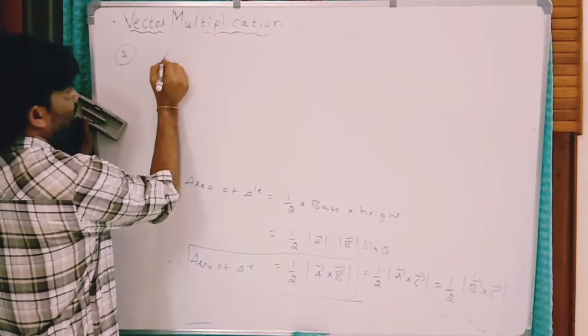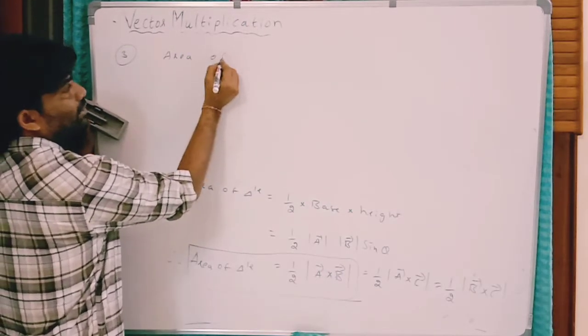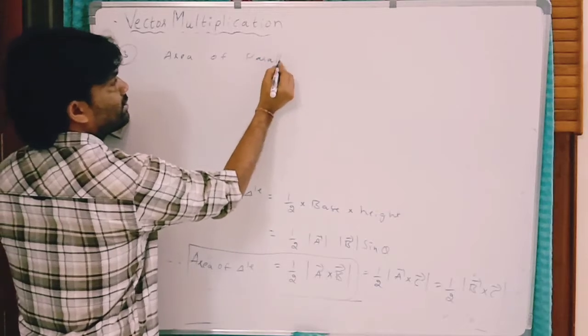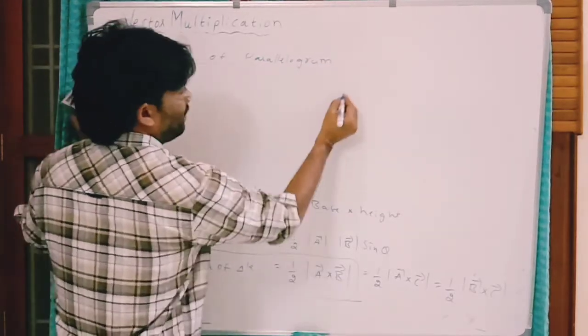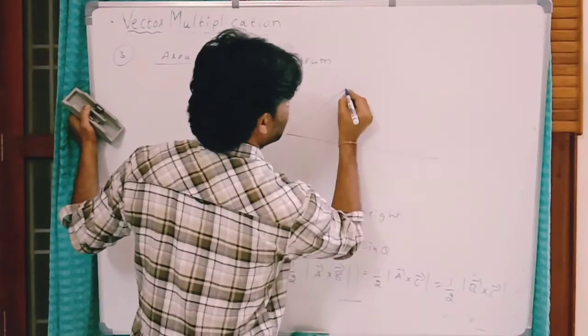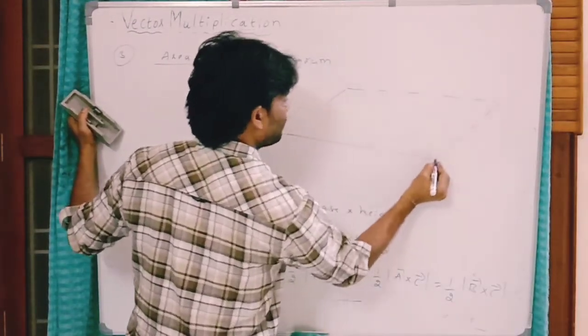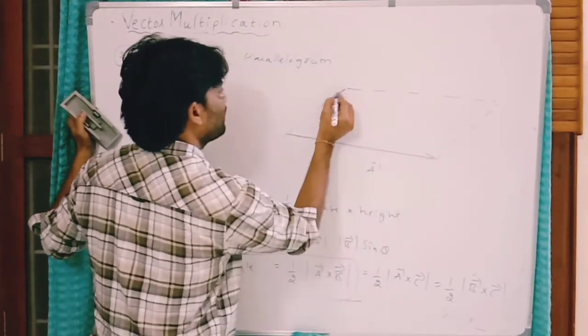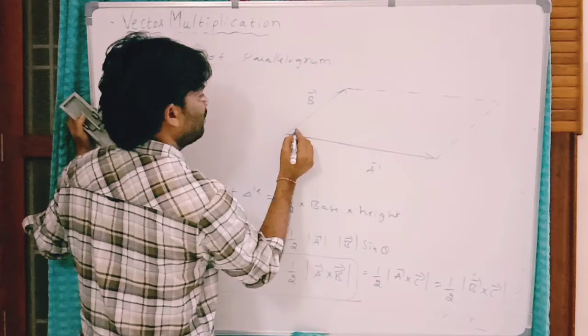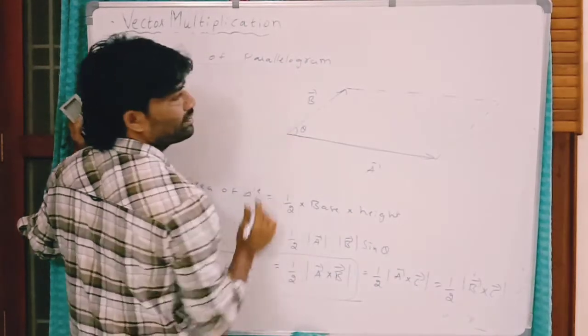Third application, area of a parallelogram. If it is a parallelogram, this side is represented by vector A, this is vector B, and the angle between these two is theta.